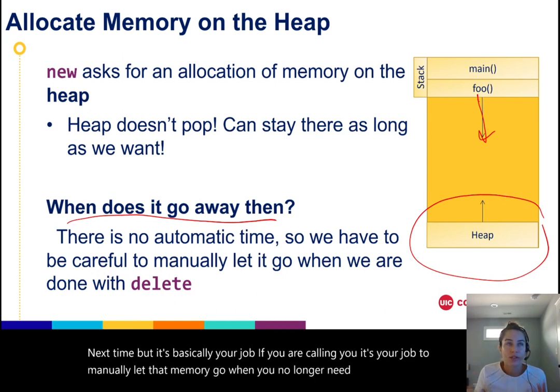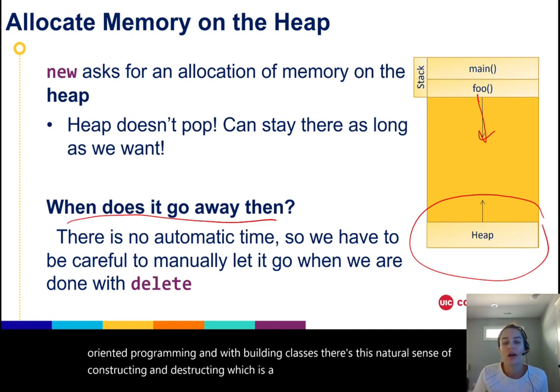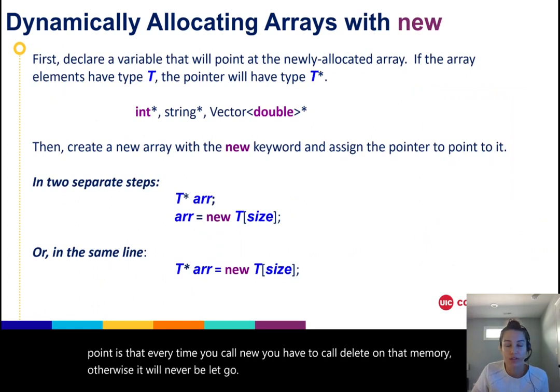With object-oriented programming and with building classes, there's this natural sense of constructing and destructing, which is a really good way to manage it. But the point is that every time you call new, you have to call delete on that memory, otherwise it will never be let go until the program ends.